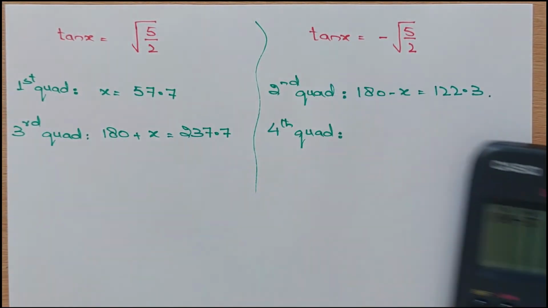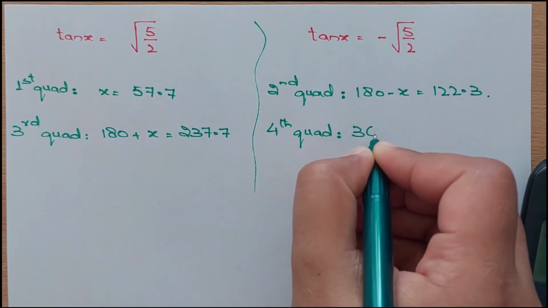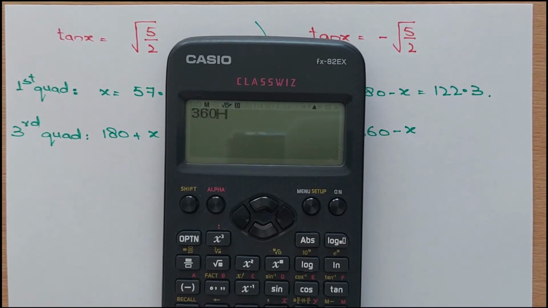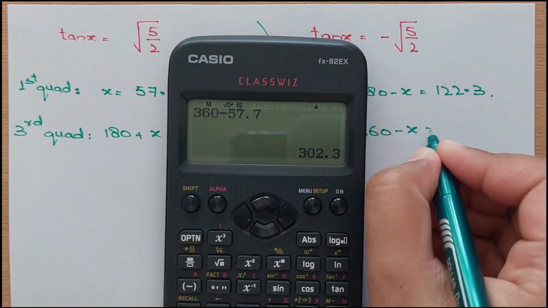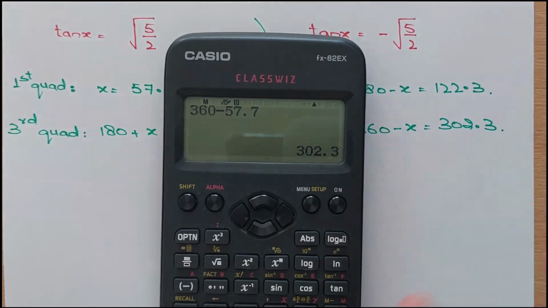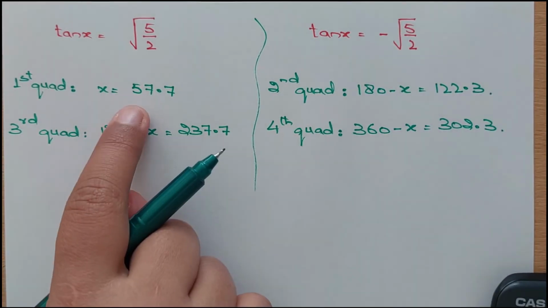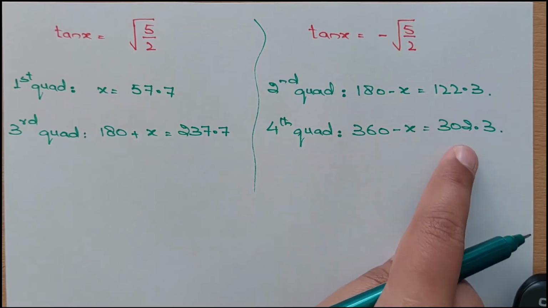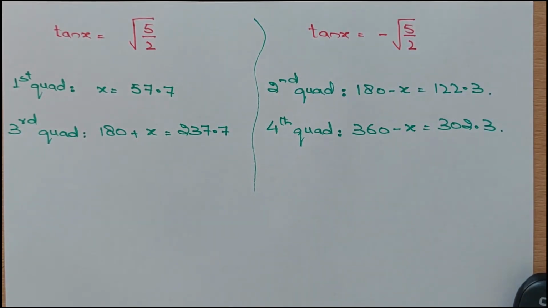This belongs to the domain. And for the fourth quadrant, we do 360 subtract the x value. So 360 minus 57.7. Sorry, 57.7. 302.3. So the values of x that satisfy the domain are 57.7, 237.7, 122.3, and 302.3.